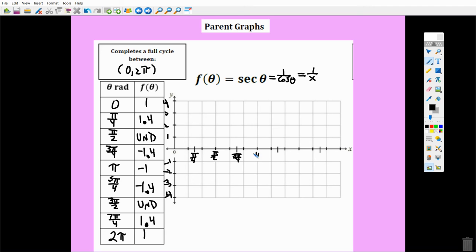Then pi. Then 5 pi over 4. Then 3 pi over 2. And then we have 7 pi over 4. And then we have 2 pi.